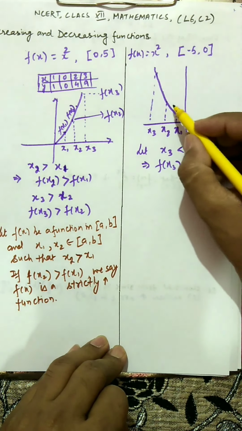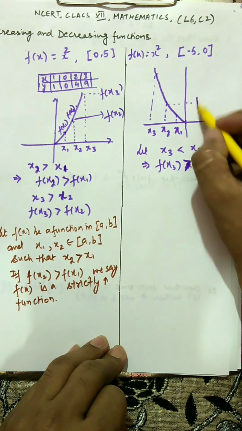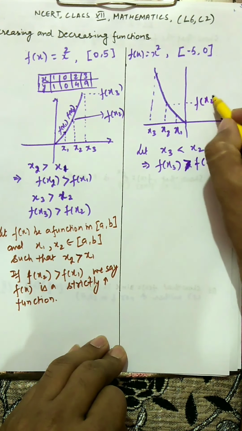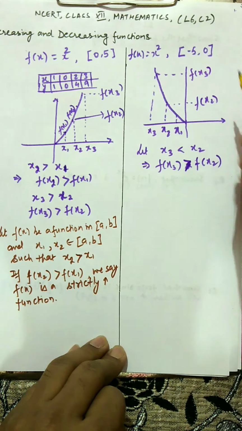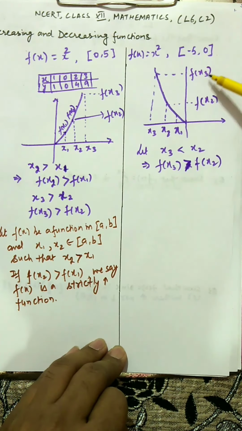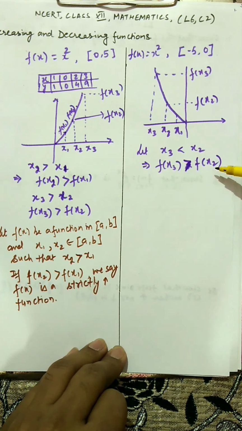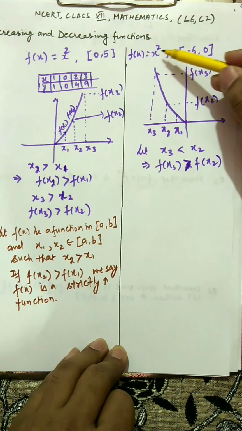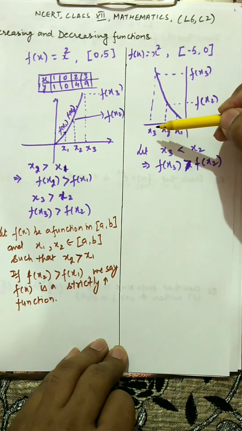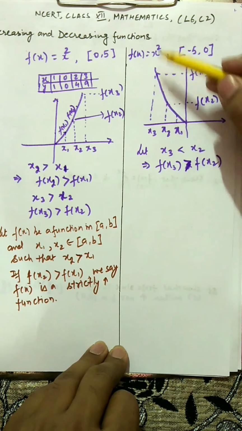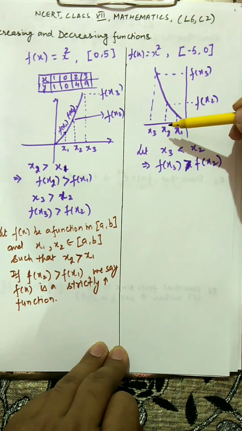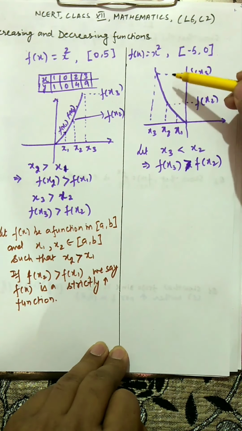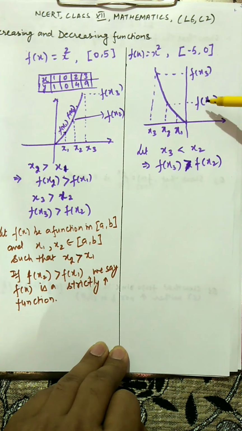You can see the case here, this is your f(x2) and this is your f(x3). This is quite obvious because this is a square function. For example, -5 squared is 25, and if x2 equals -3, then -3 squared is 9.